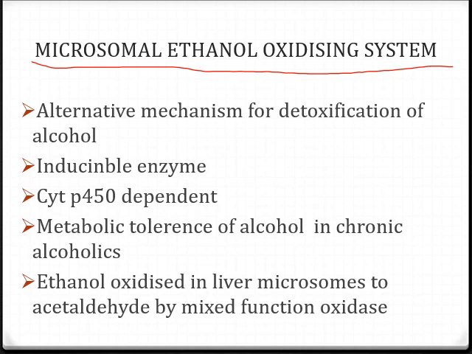What is the meaning of inducible enzyme? It means that the presence of alcohol causes the induction of this microsomal ethanol oxidizing system, which helps in the oxidation of alcohol. It is a cytochrome P450 dependent enzymatic system, which is a secondary enzyme system for ethanol clearance.